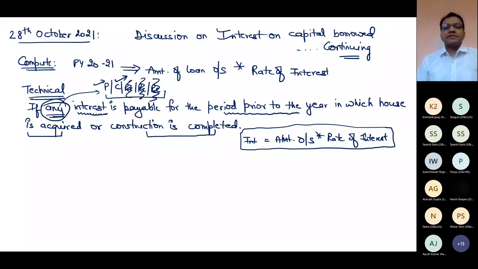The only problem arises for that interest which you have paid, or which was payable by you, for the period before the year in which you acquired the house or construction is completed.